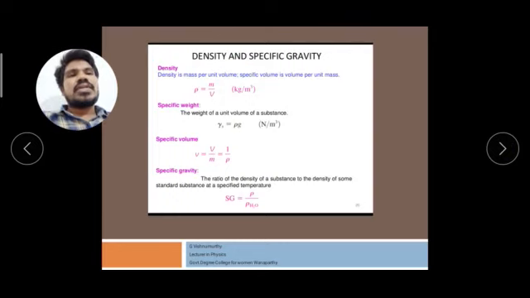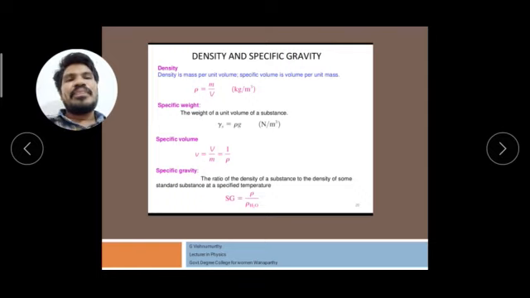And now we are going to density and specific gravity. Density is the mass per unit volume, specific volume is volume per unit mass. So that is denoted by rho equals m by v. The unit of density is kg per meter cube.